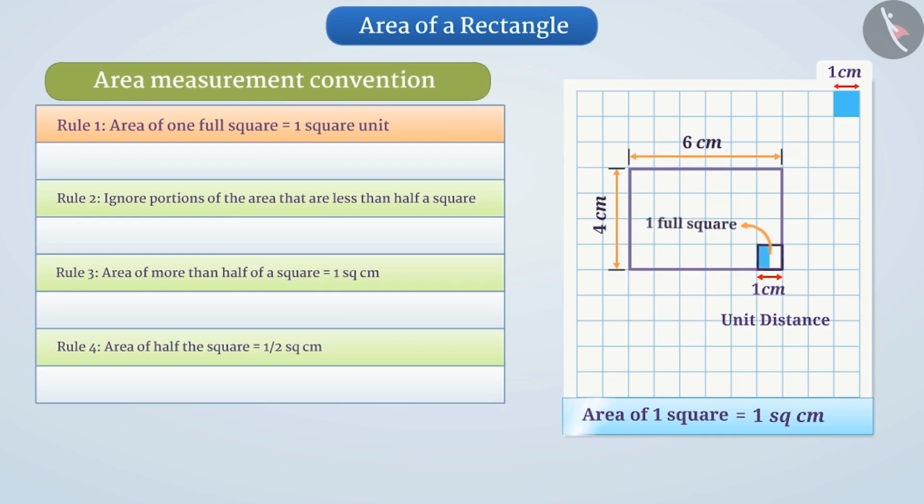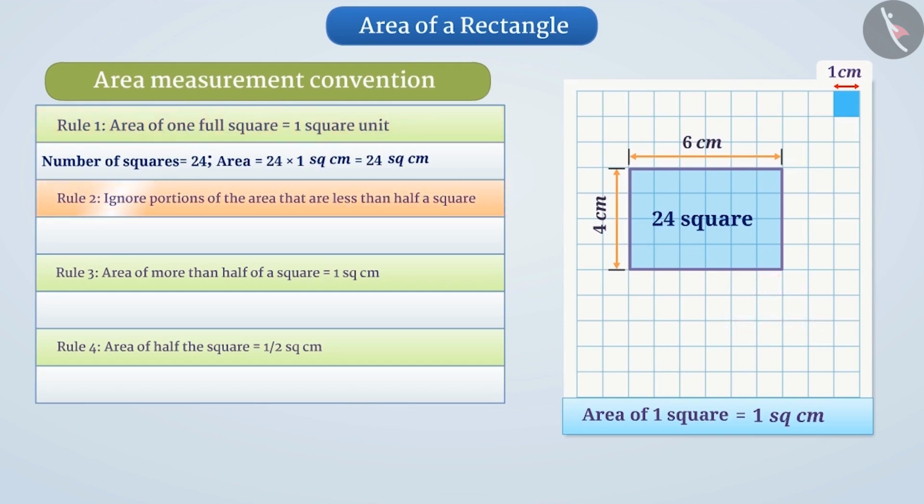Therefore, the area of one full square will be 1 square centimeter. In the given rectangle, we observe that the total number of full squares is 24. Since the area of one full square is 1 square centimeter, we can say that the area enclosed by full squares is 24 multiplied by 1 square centimeter, which is equal to 24 square centimeter.